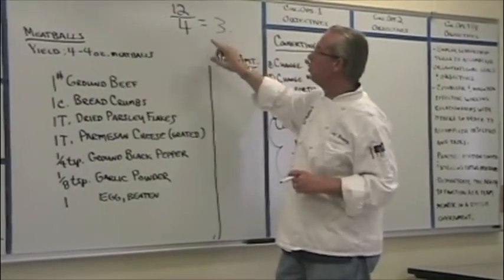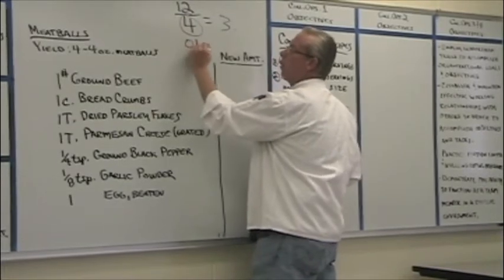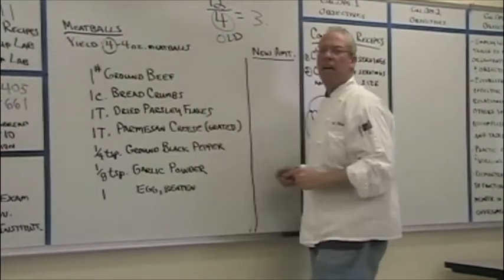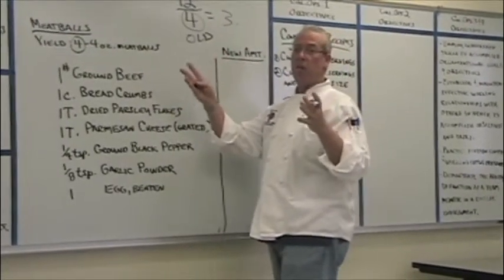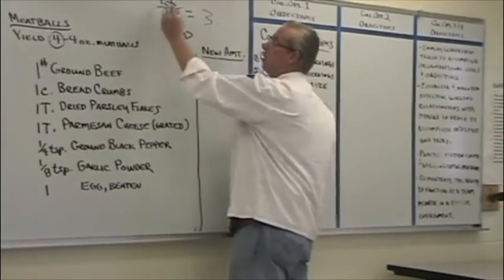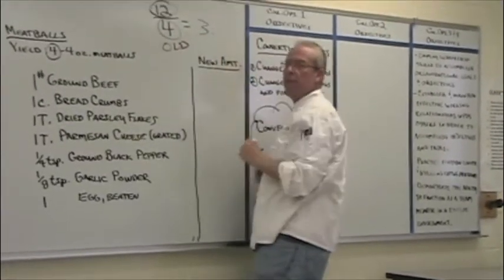We'll use the conversion factor. So the original recipe here, or the old, is 4. The new, remember we have that dinner party next Saturday for 12 people, so now we want to do 12 servings, is 12, right? So 12 divided by 4 is 3.